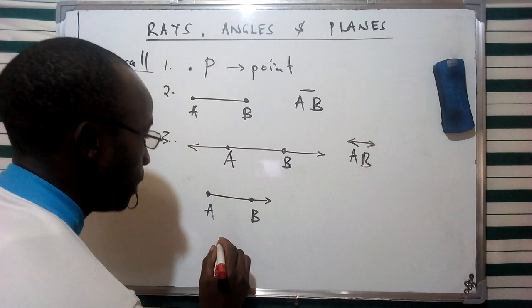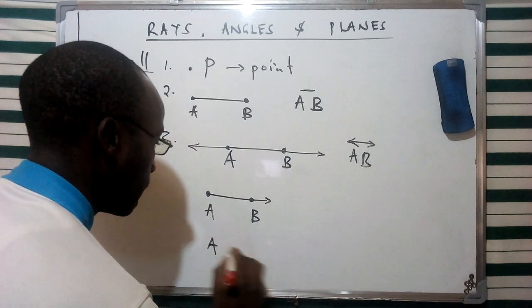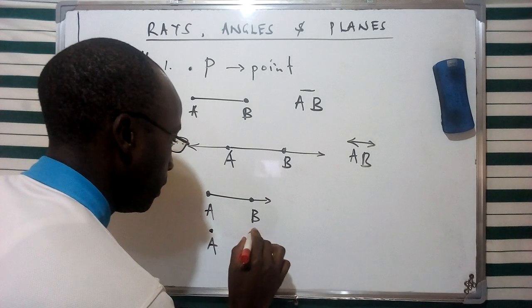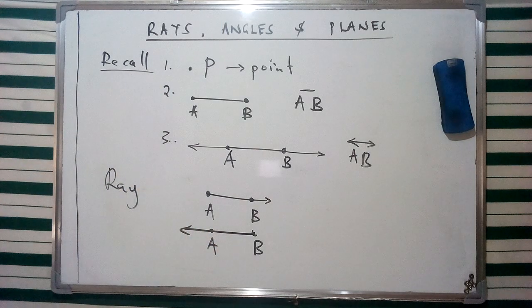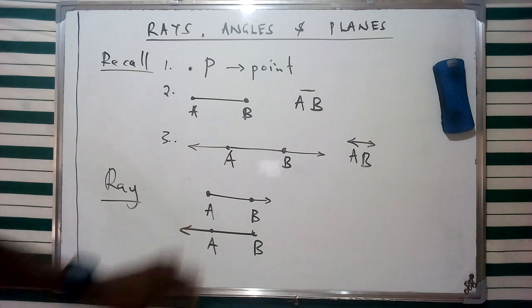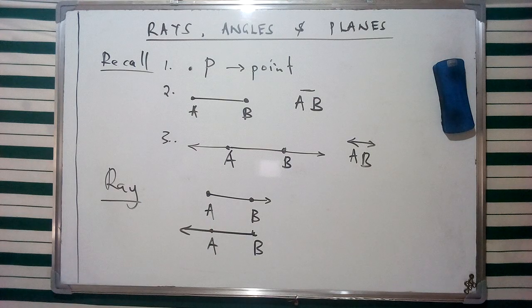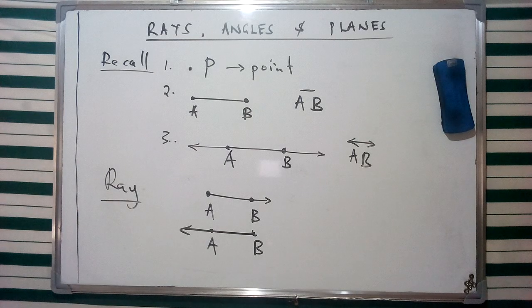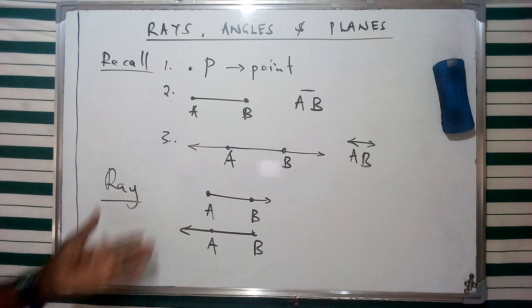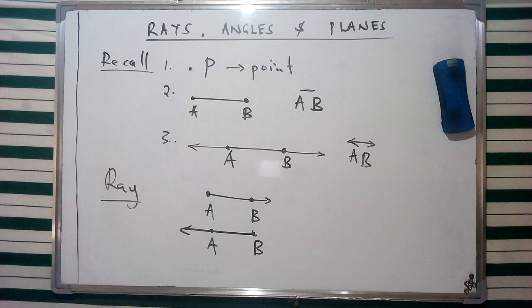We can as well describe one starting at B that extends in the opposite direction, in those two illustrations. So this constitutes what we refer to as a ray. As I've said, a ray is part of a line that extends infinitely in one direction.